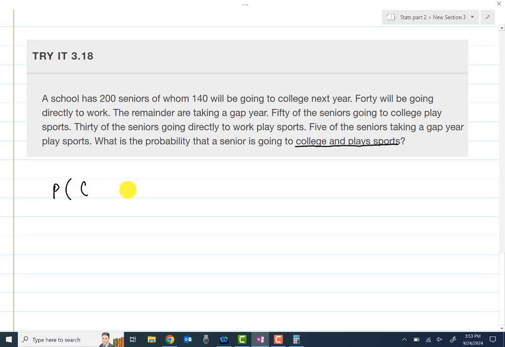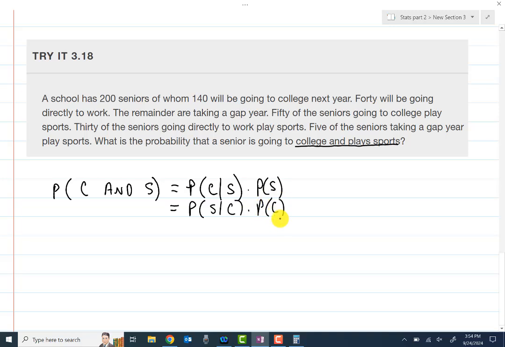So I'm going to use C for college, S for sports. So it's going to equal P of C given S times P of S, or P of S given C times P of C.